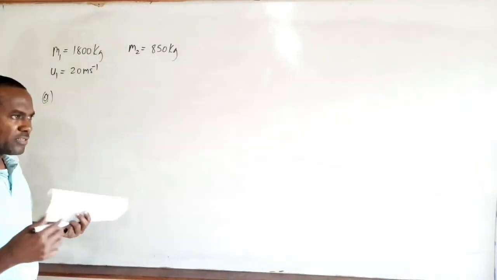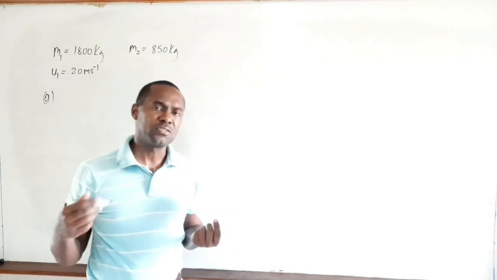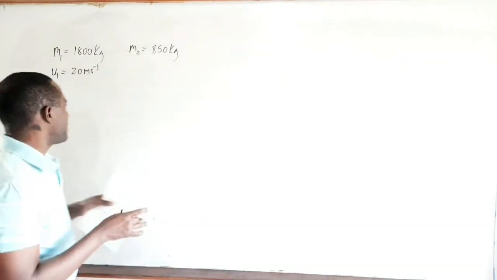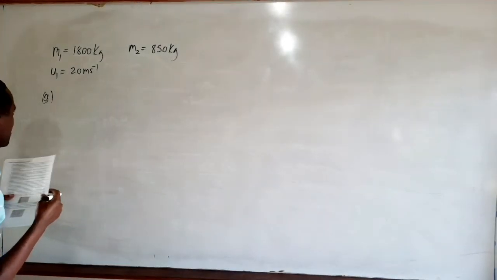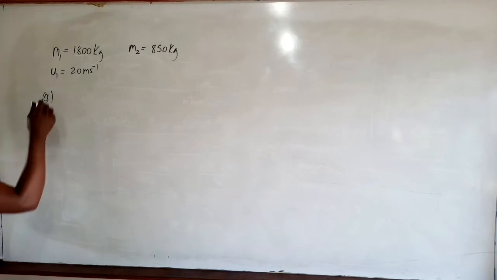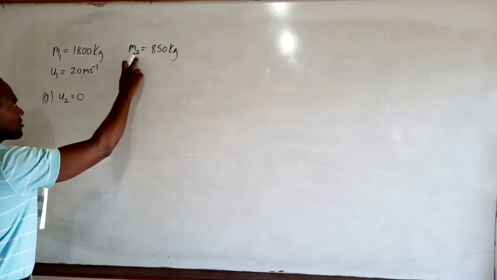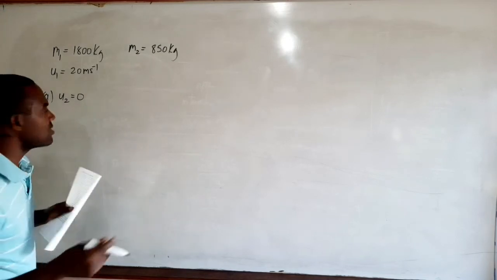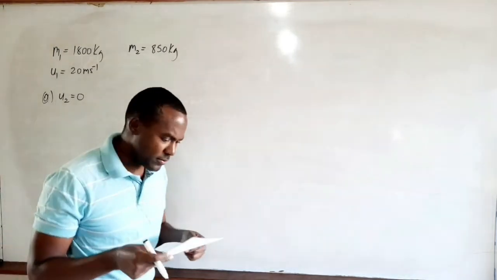However, we're given different information for part A, part B, and part C, and of course we'll consider them separately, right? So for part A now, we're told that the smart car is initially stationary. Now if the smart car is initially stationary, this means that its initial velocity u2 is equal to 0. Again, we're using subscript 2 to represent the smart car and subscript 1 to represent the Range Rover Evoque, right?